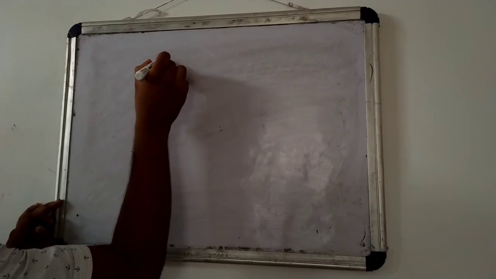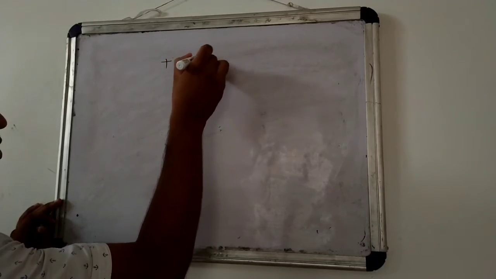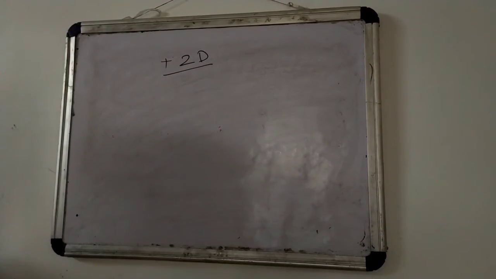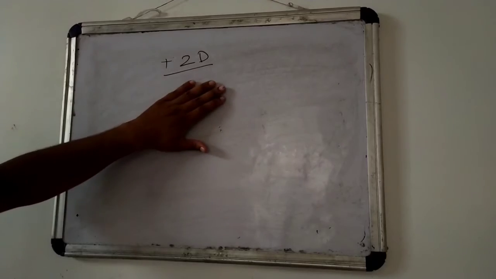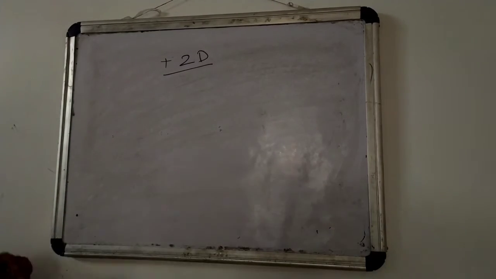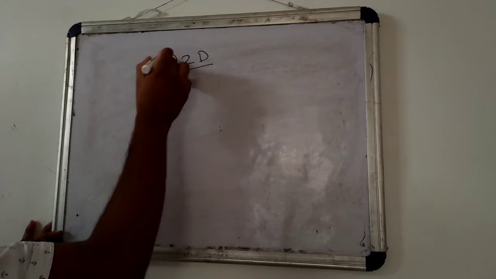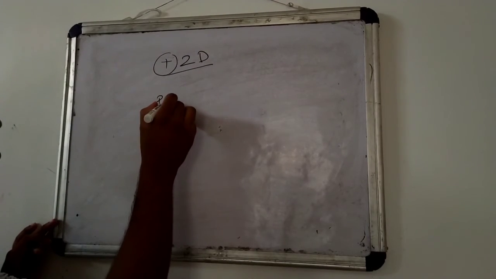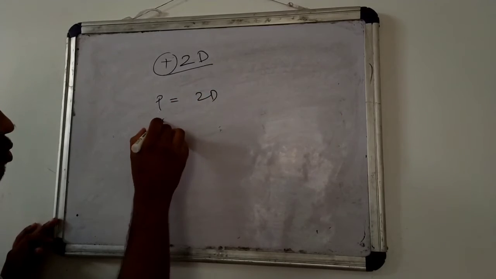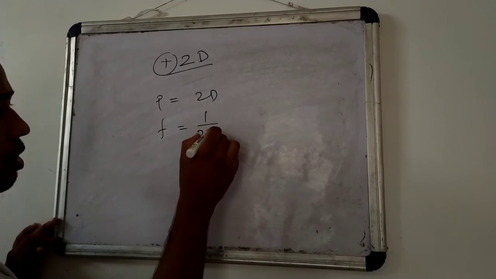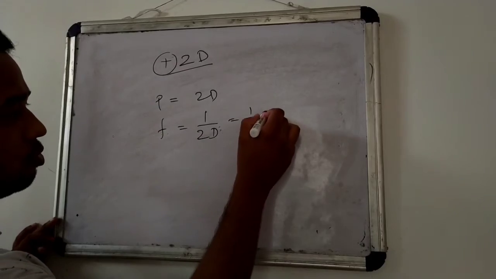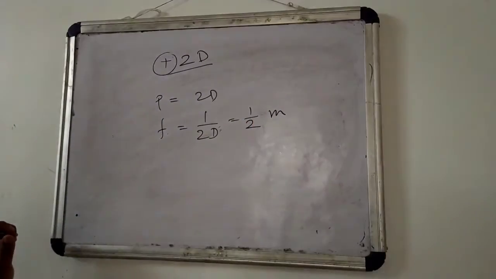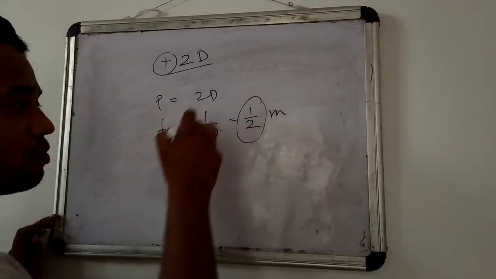So suppose the power of a lens is plus 2D. From this value, what can we know? This is a positive value. So power is equal to 2D, then focal length is equal to 1 by 2D, that means 1 by 2 meter. So focal length is positive.